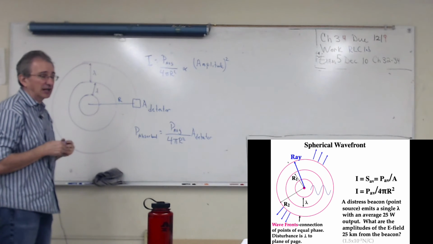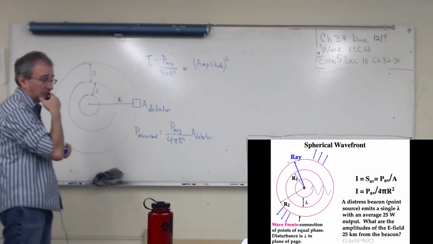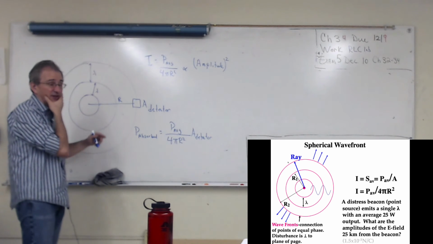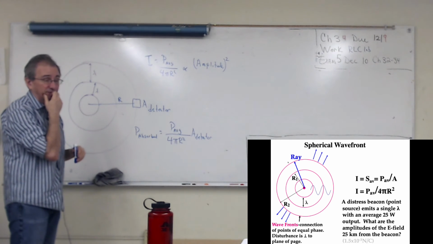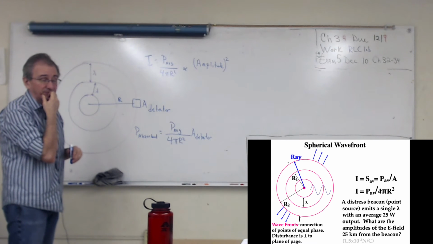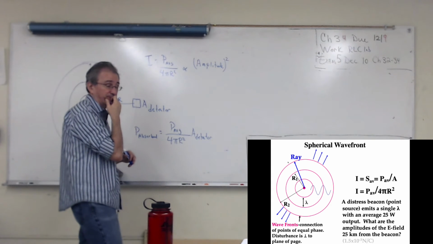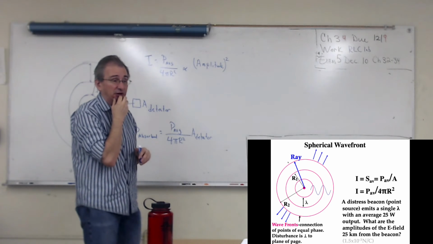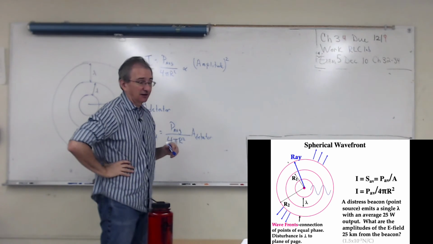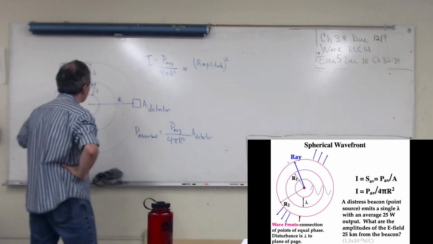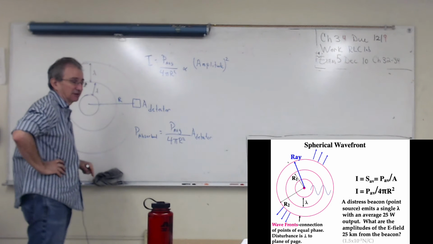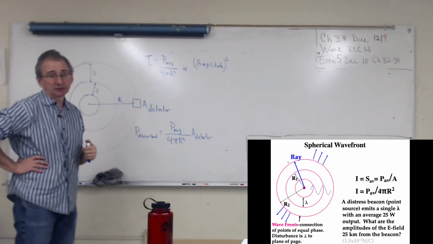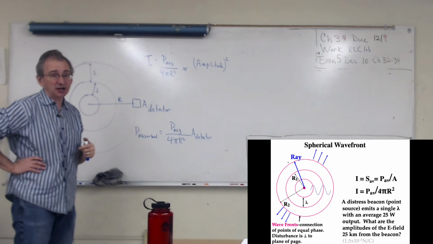And we're saying it's constant, but it really can't be, because the area depends on r squared. In order for the energy to be constant along this sphere, the amplitude has to depend on 1 over r, because the area depends on r squared.